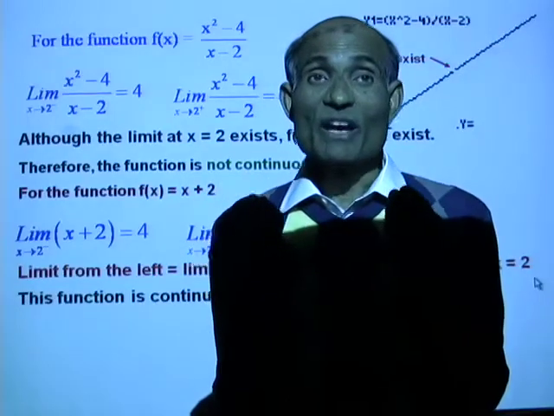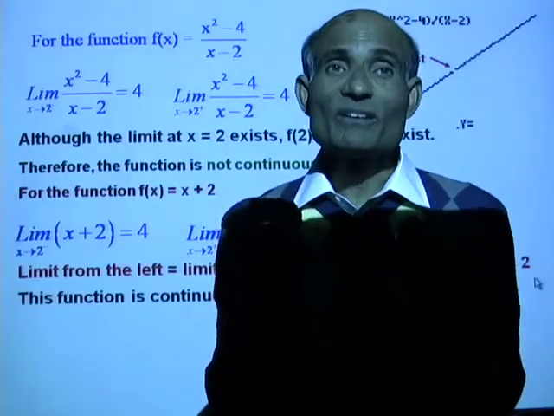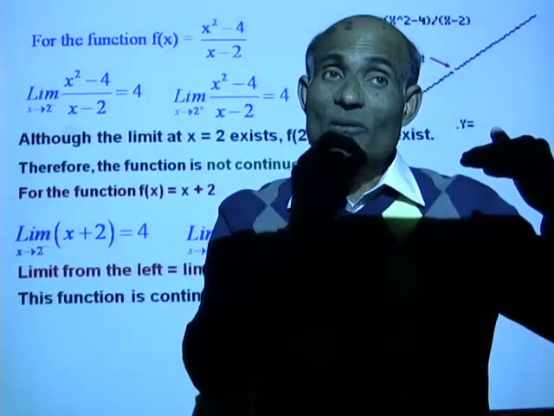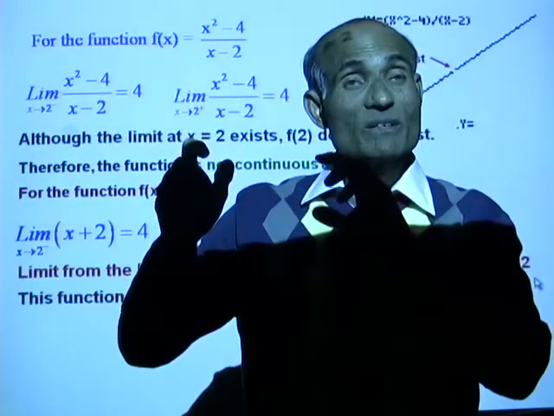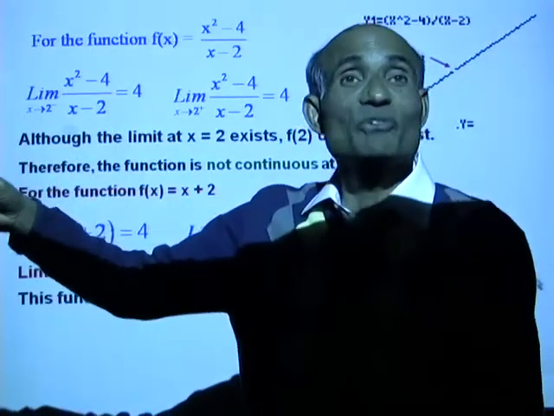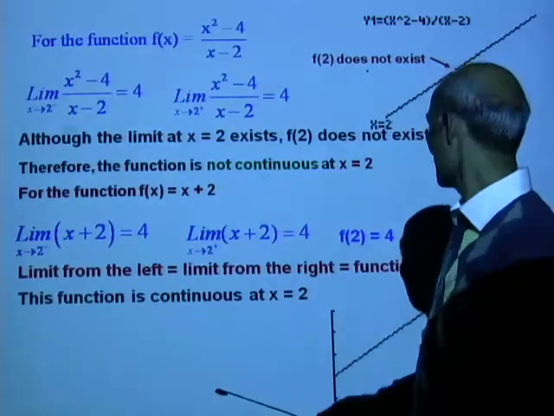In order that a function may be continuous at x equal to c, the limit as x approaches c from the left must be equal to the limit as x approaches c from the right, must be equal to the function value at x equal to c. Then we can say the function is continuous.